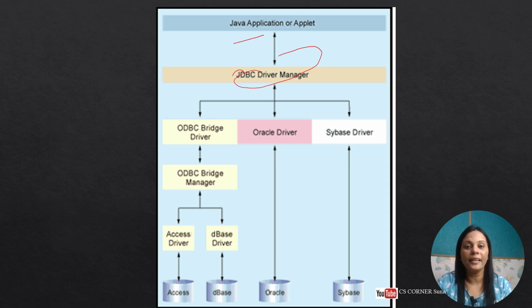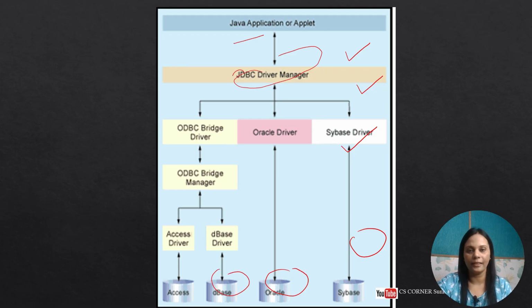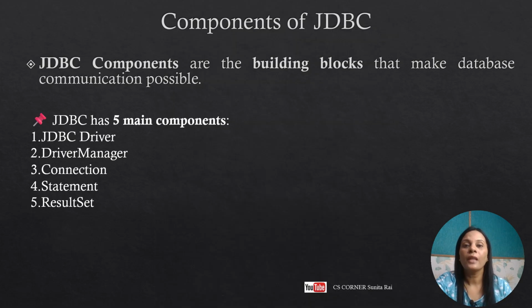This entire architecture explains the types of drivers that I will explain later on. In short, we have a Java application connected to the driver manager, and with the help of the driver and driver manager, we are able to connect to databases. It could be any kind of database, whether Oracle or Access, any database you can connect. Right?